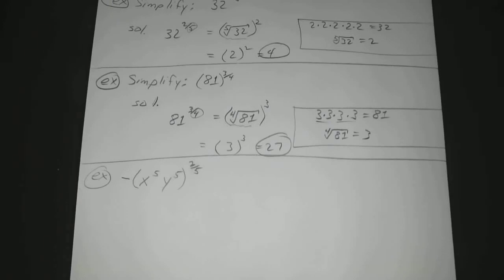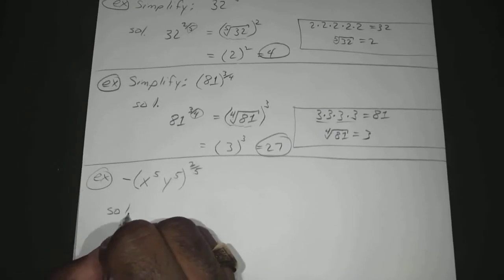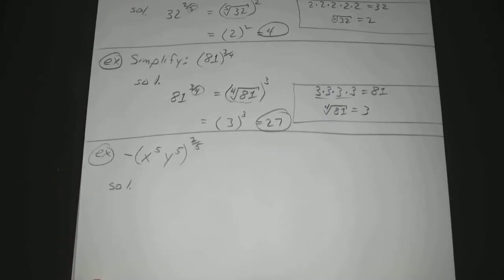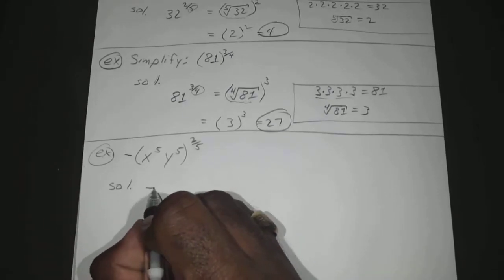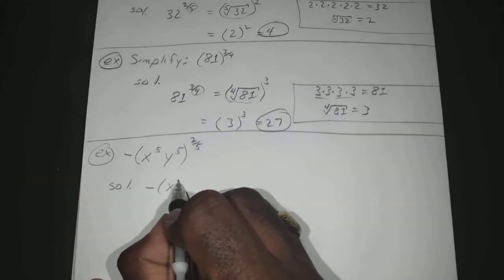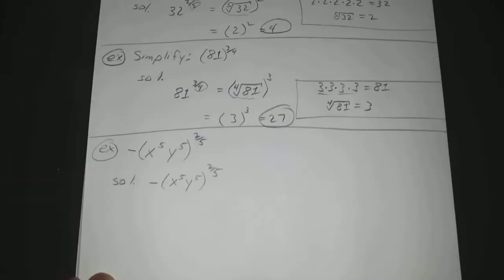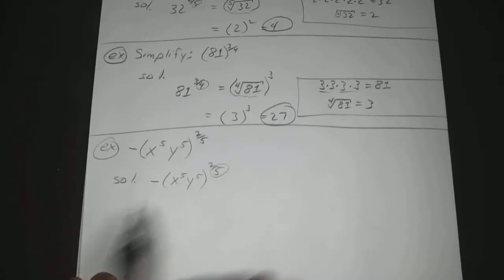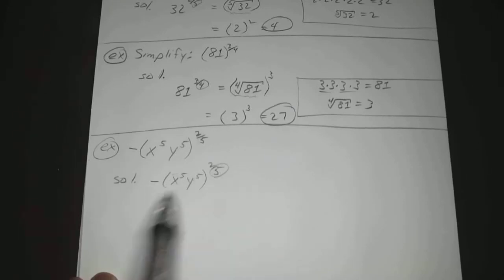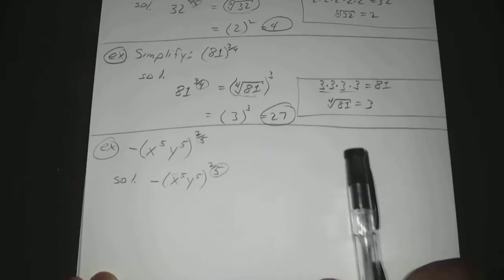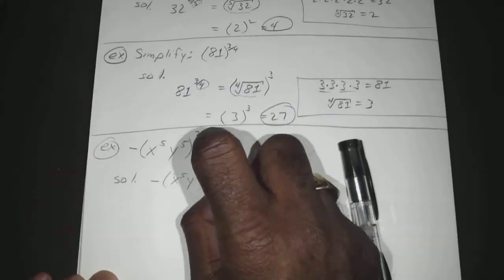On this one, the negative is on the outside, so it's just like saying -1 times whatever your answer is. Remember that becomes your root, or you can distribute that first. Actually, it'll be a little easier to just distribute it.